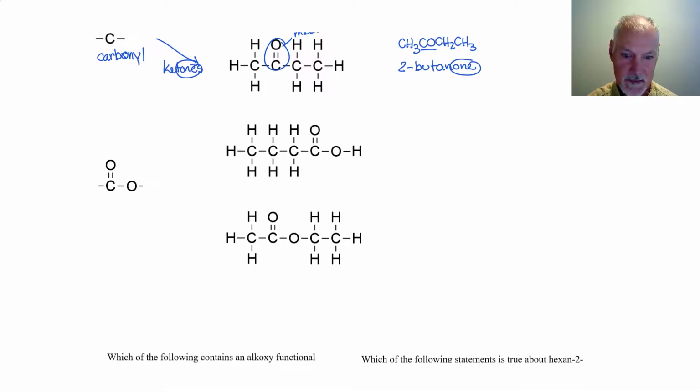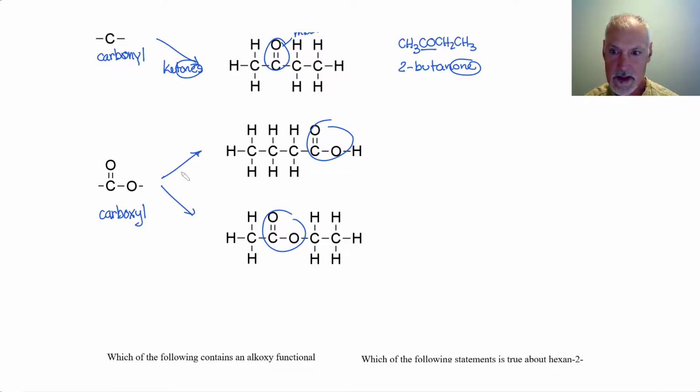Moving up to my last functional group, this is called a carboxyl group. And again, it can be located at the end, or it can be located in the middle. When it's located on the end, it creates a class of chemicals that are called the carboxylic acids.